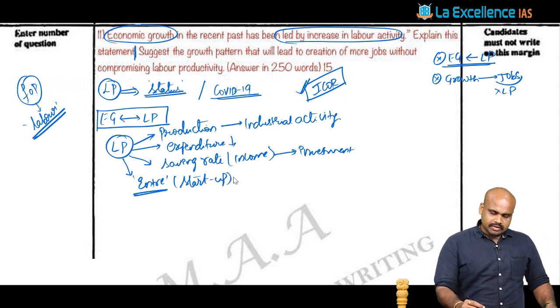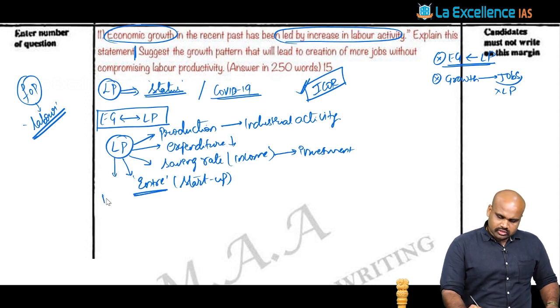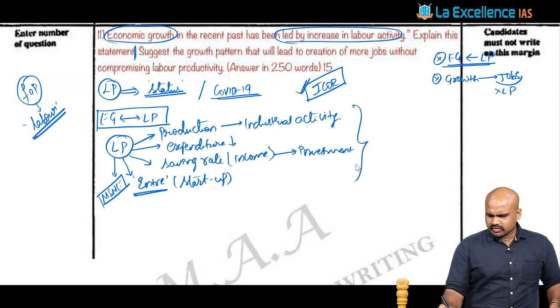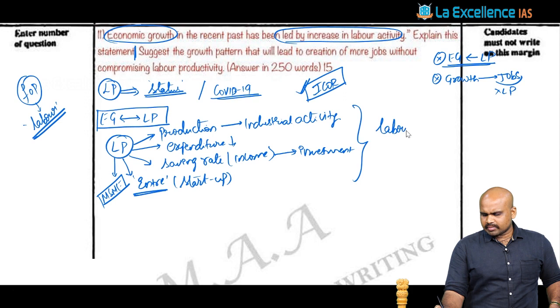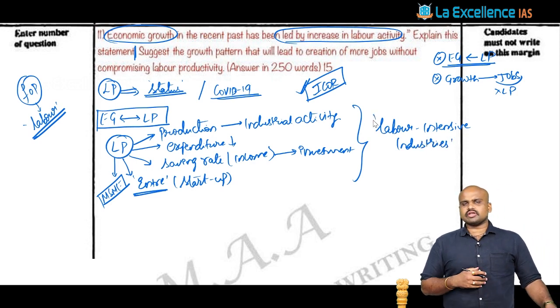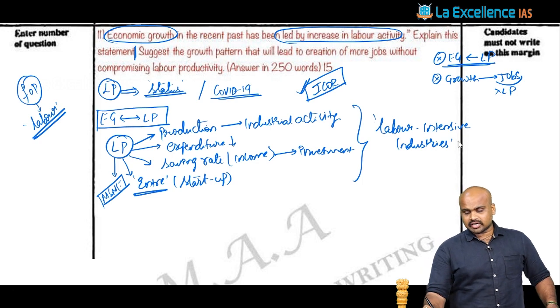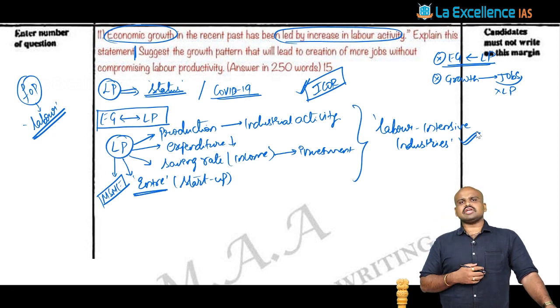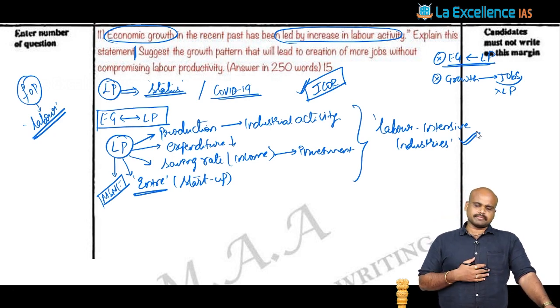And labor productivity can also promote smaller industrialization in the form of MSMEs, majorly, to be very precise, the labor intensive industries, right? Because the future of Indian employment and the future of Indian economic growth is going to lie in this sector, and the transition from capital intensive to labor intensive is what is required and the need of the hour in the context of the Indian economy.